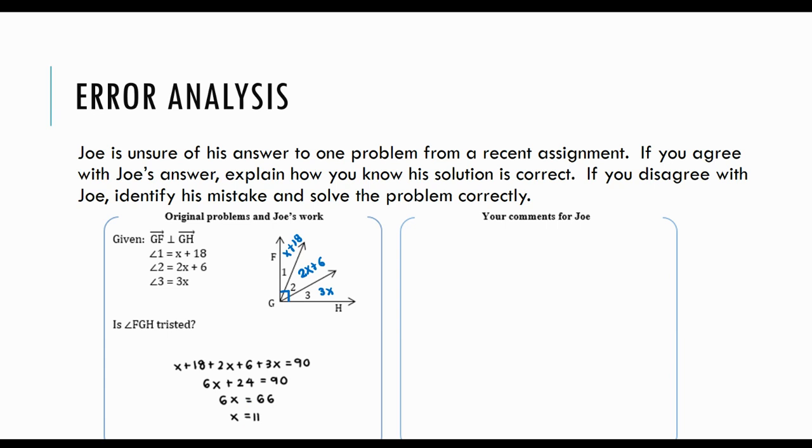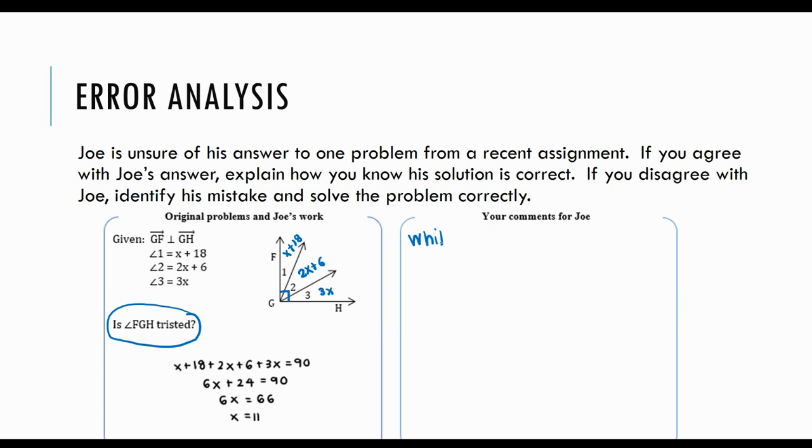You got to make sure that you're reading the problems all the way through. Notice that in this particular problem, the question doesn't say find x. Instead, the question asks, is the angle FGH trisected?